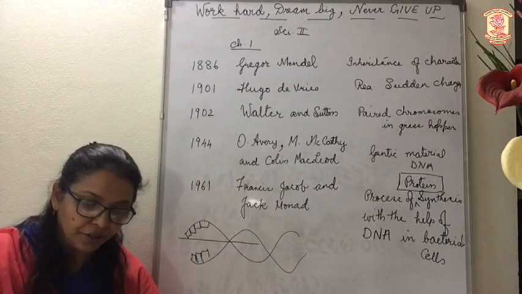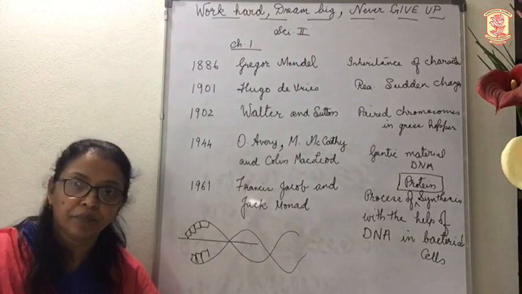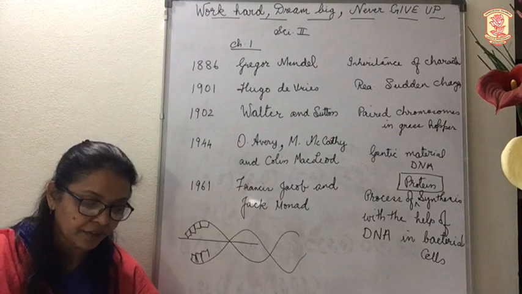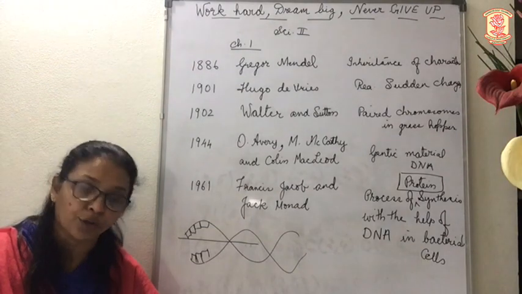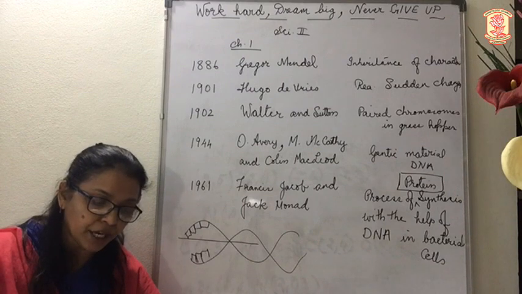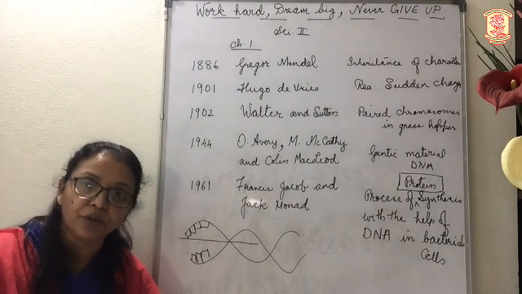Well, now you will see another important part of transcription, the triplet codon. Now what is a triplet codon? The code for each amino acid consists of 3 nucleotides.